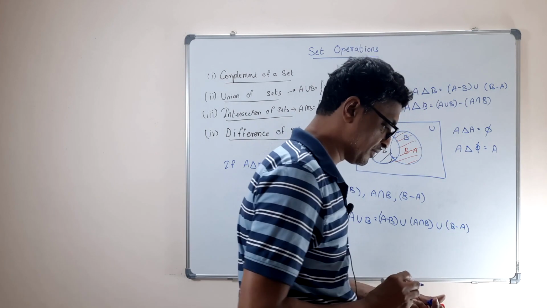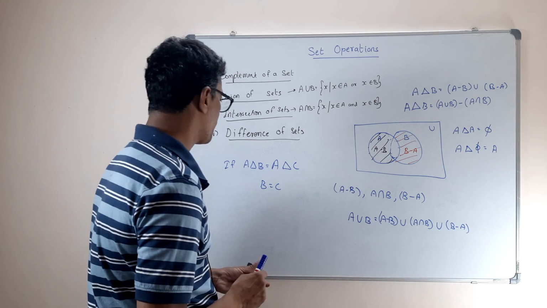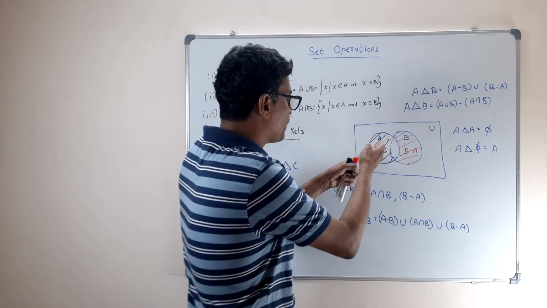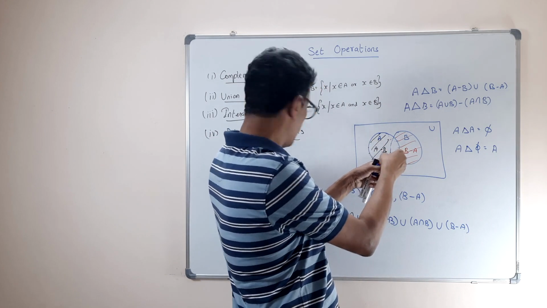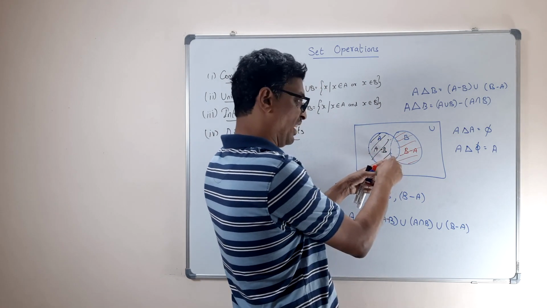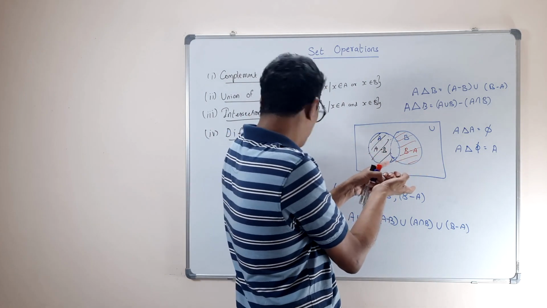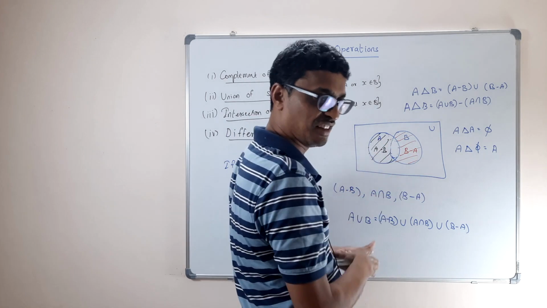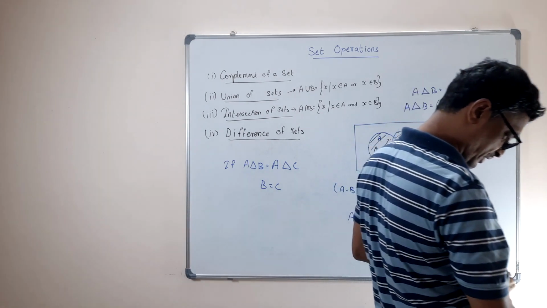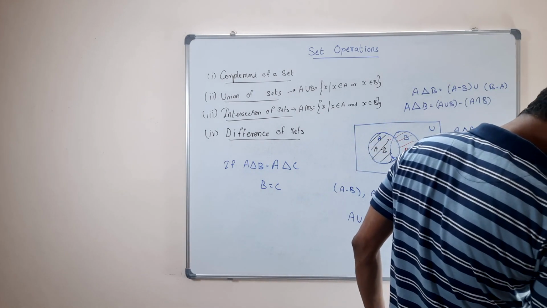Because the symmetric difference of A and B is this portion, and if that is equal to another one, that's only possible when B is equal to C. You got it? So that's what they write here.